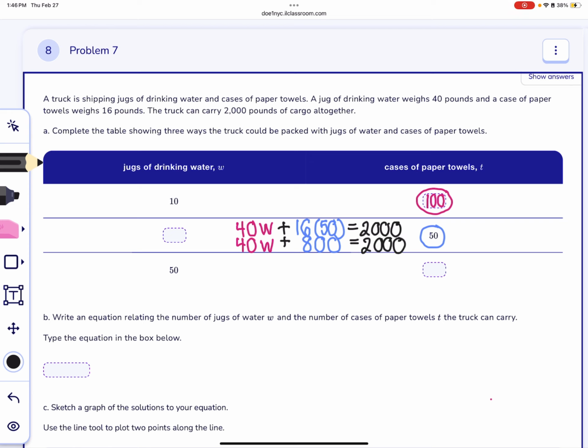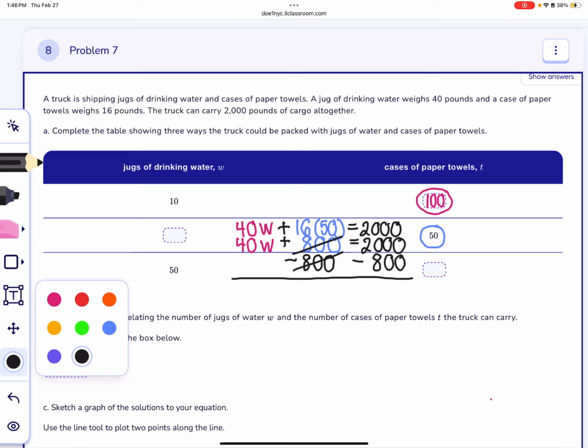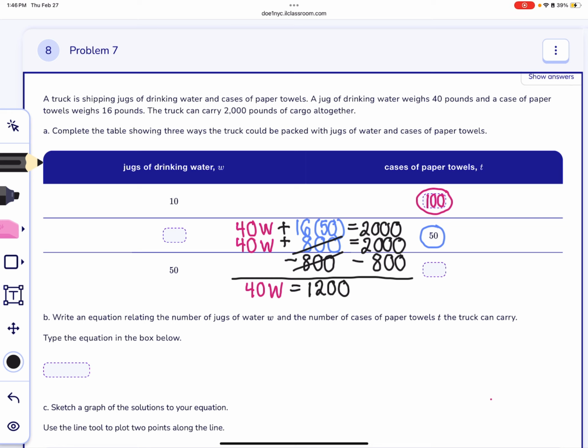And in order to isolate our variable W this time, we need to subtract 800 on both sides first. And when we do that, the 800 is crossed out on the left side, and we're left with 40W. And on the right side, we are left with 1,200.